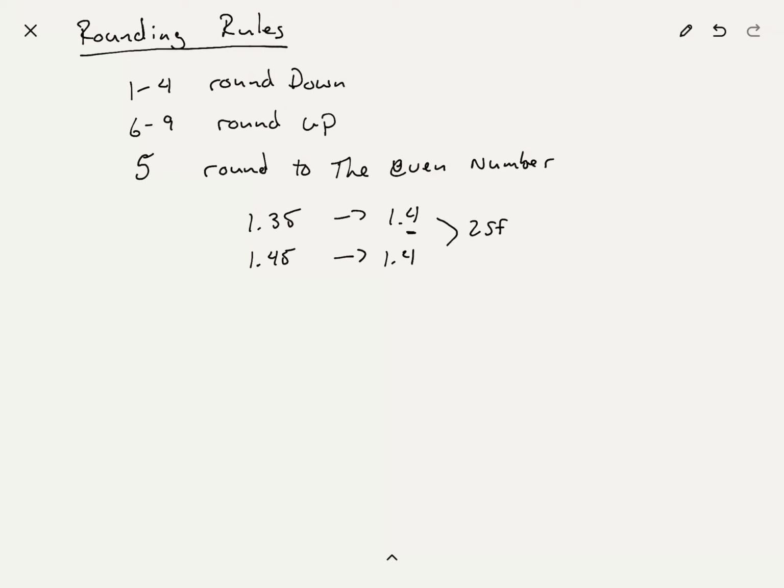An easy way to get the right number of significant figures in your answers, especially if you're dealing with very big or very small numbers, is to use scientific notation. Trick to scientific notation is your coefficient has to be between 1 and 10, and then everything that's in the coefficient is significant.